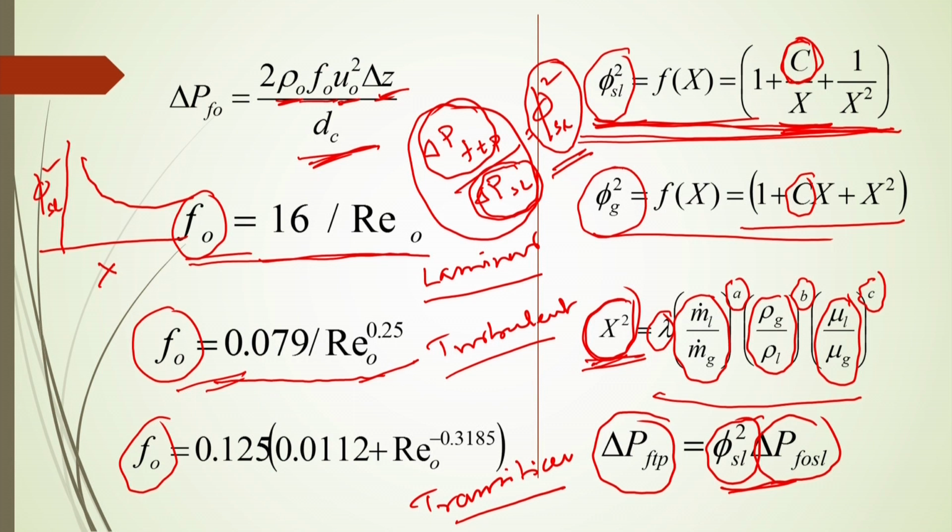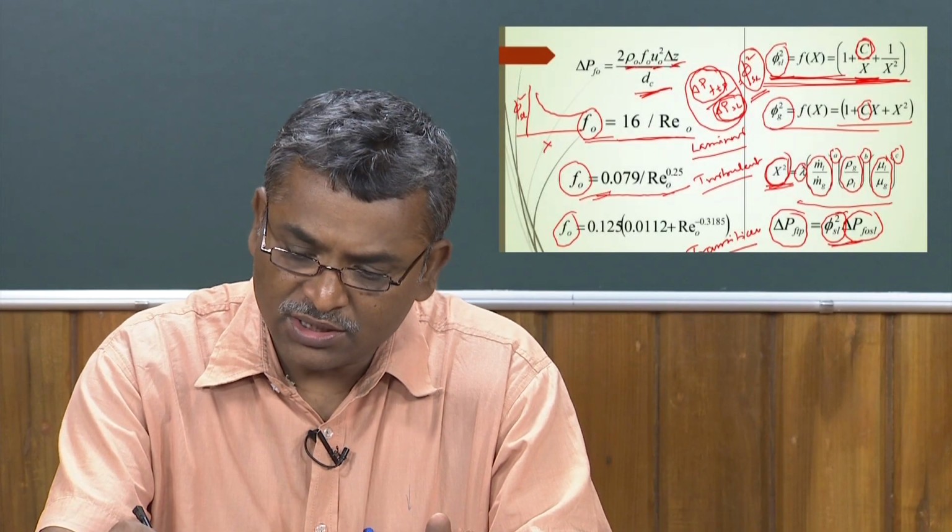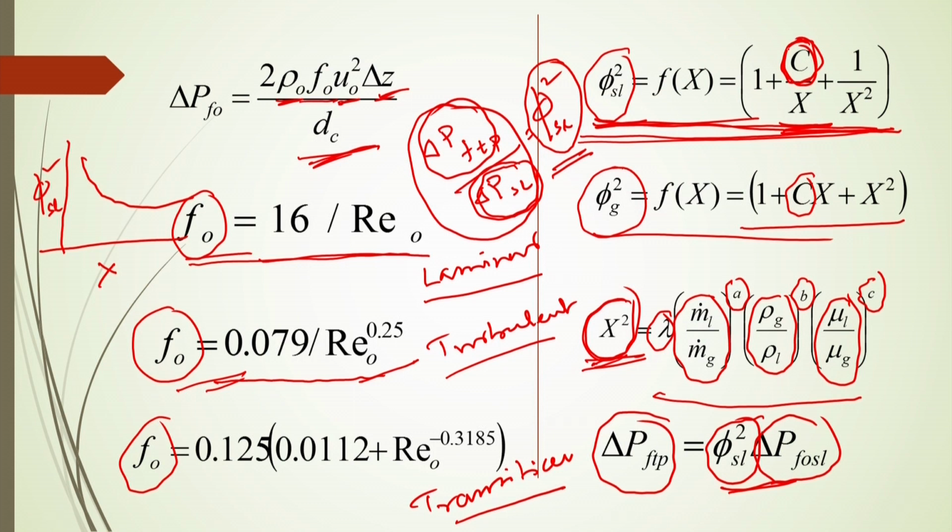Now, if we know the experimental data, what actually has to be found out is this C value. If you are fitting this experimental data with this type of equation, then you have to obtain this parameter C, that is one coefficient, this is an unknown parameter, this will be obtained from the experimental data by fitting.